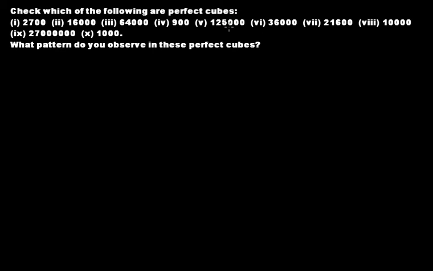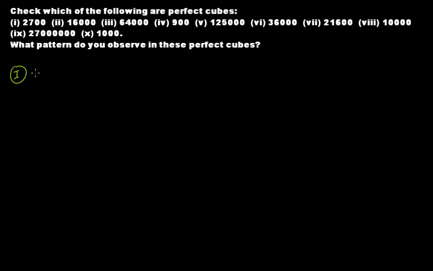First of all, if you notice, all these numbers end in zeros, right? So the two points that you have to keep in your mind are, the first point is that for a number that ends in zeros, the number of zeros should be a multiple of 3.